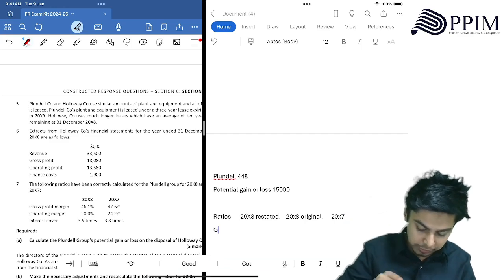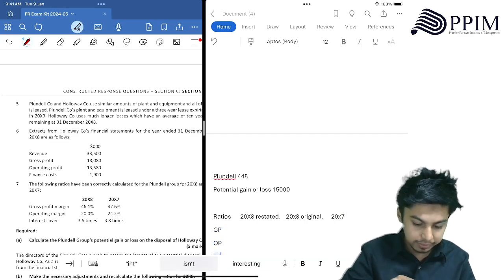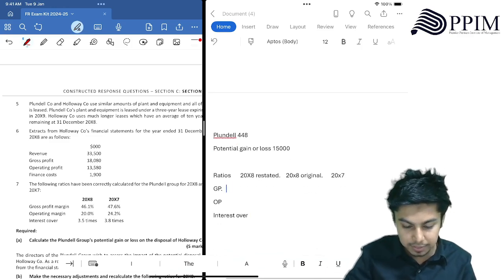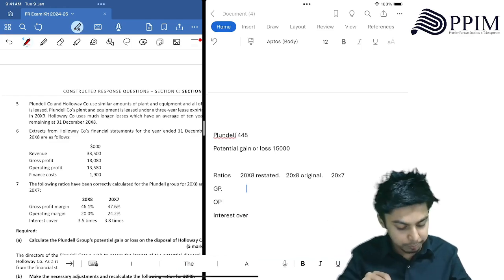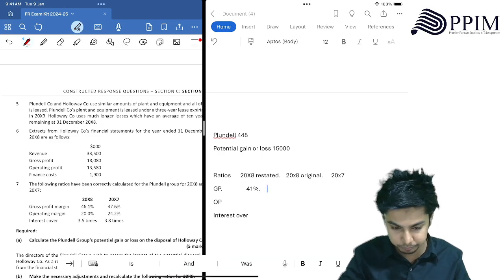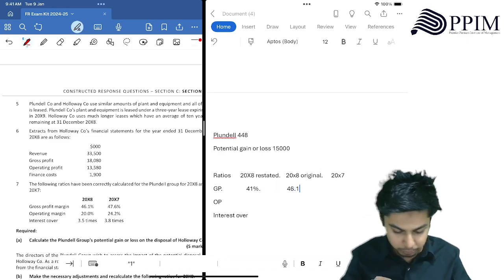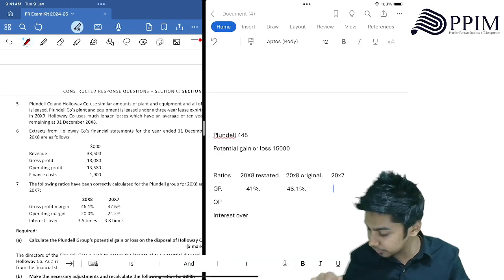Right. So, guys, GP margins, OP margins, and interest cover. Our answers are, guys, going to be number one, 2008 restated. They are telling 41%, it seems. Right. 2008 original answer is 46.1%. 2007 answer is, guys, 47.6%.